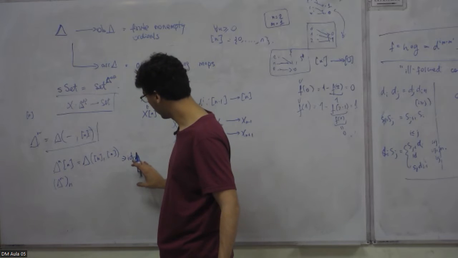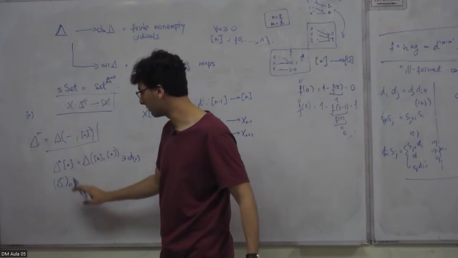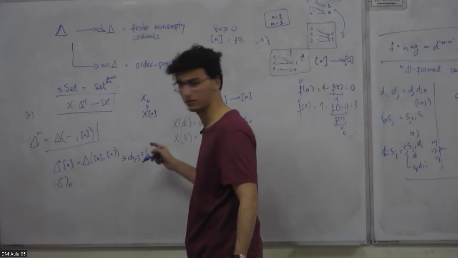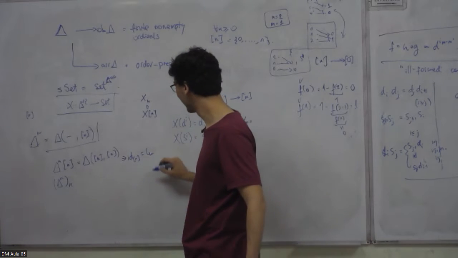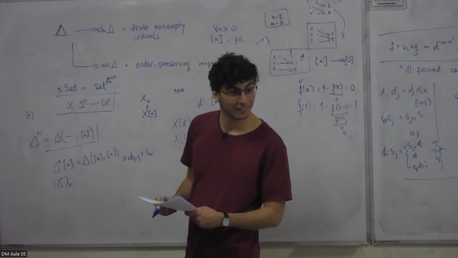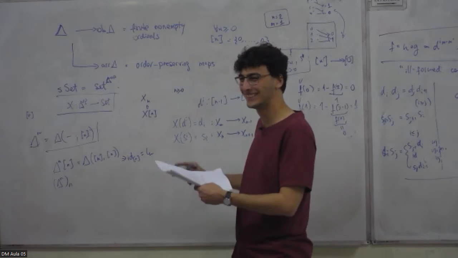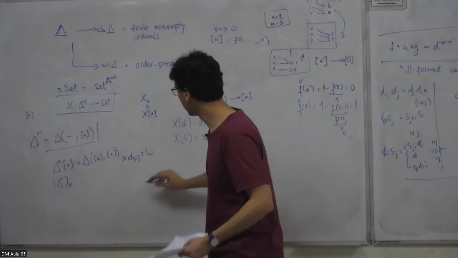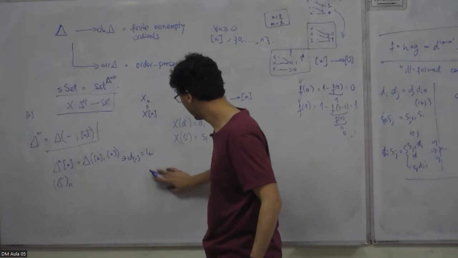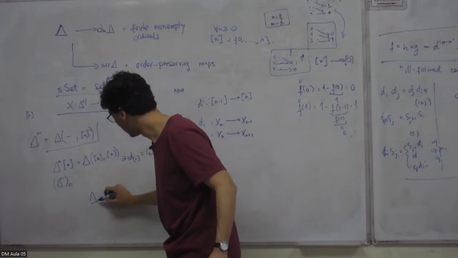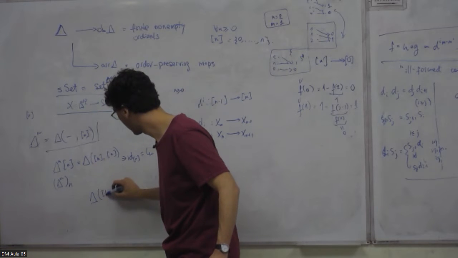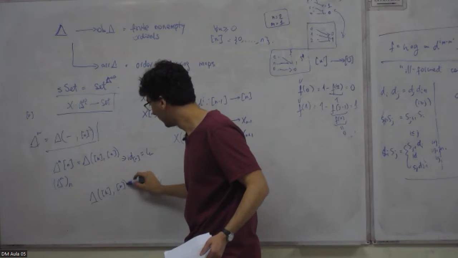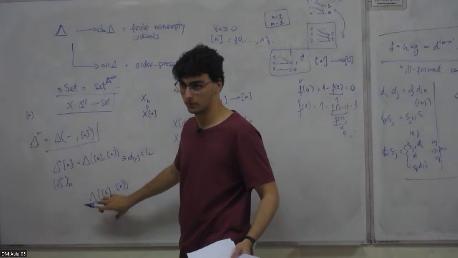Let's call it iota, iota sub n. So this generates all the simplicial set, because any other simplex of dimension k will be in general some element here.